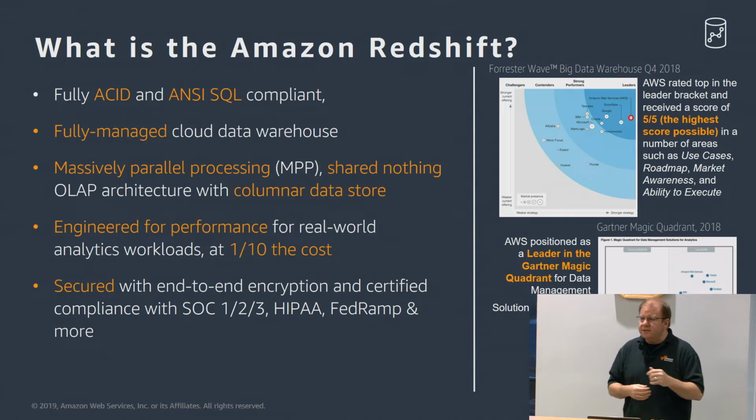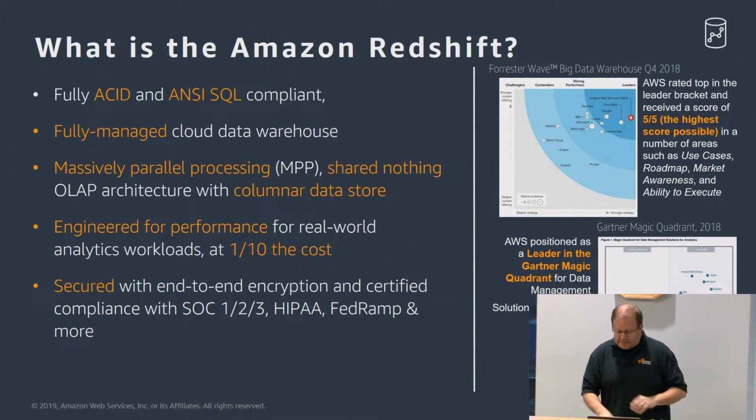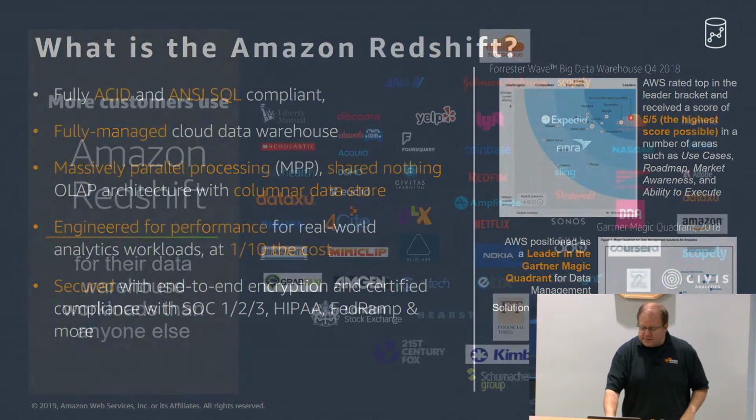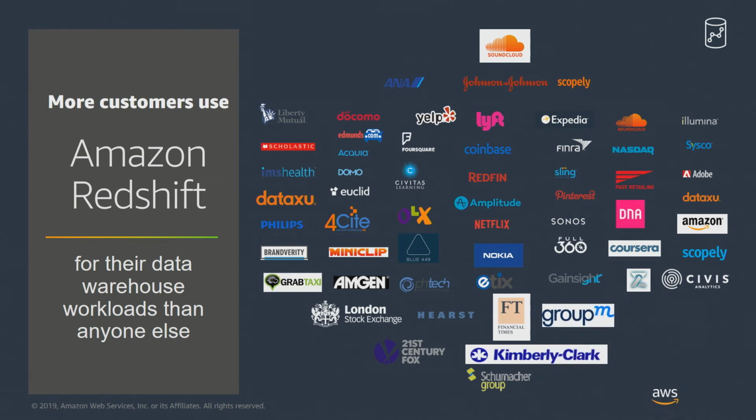All these certifications are available on our website, and I encourage you to take a look at them. And then both Forrester and Gartner have positioned us as leaders in their quadrants. So more customers use Amazon Redshift for their data warehouse workloads than anyone else.